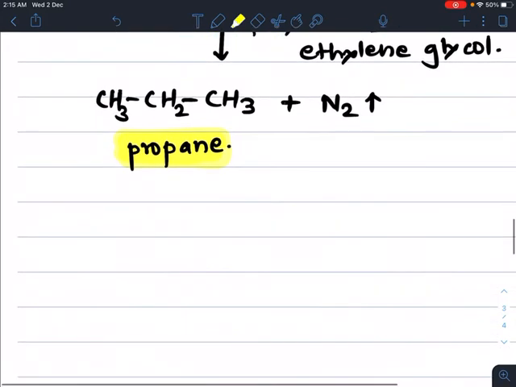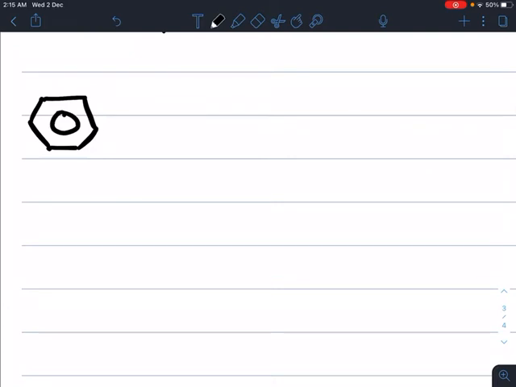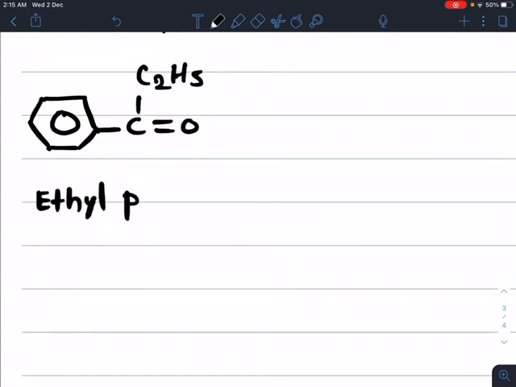If we take a second example, ethyl phenyl ketone. So this is the phenyl group C6H5 group attached to the ketonic group CO group, and further it is bonded with C2H5. The name of this ketone is ethyl phenyl ketone.